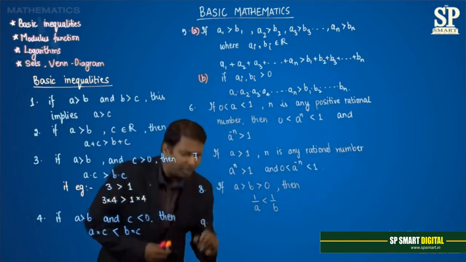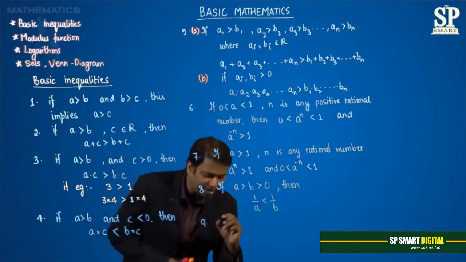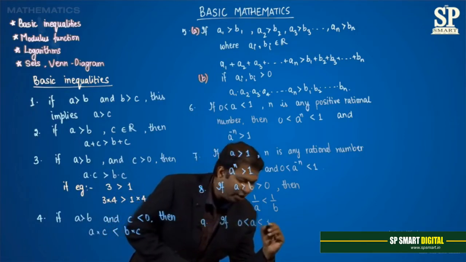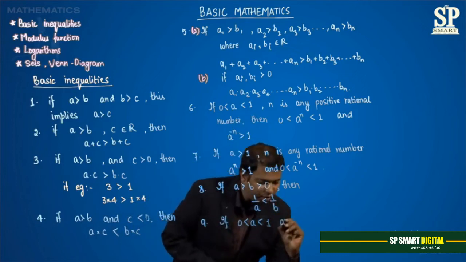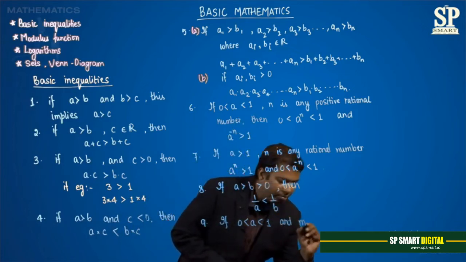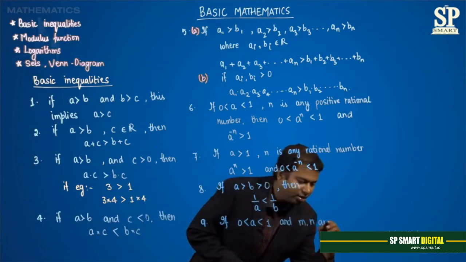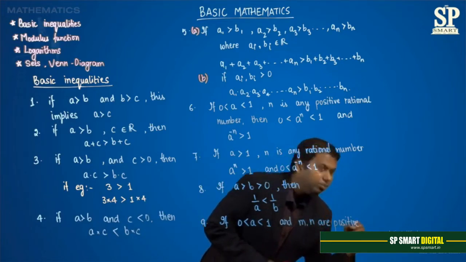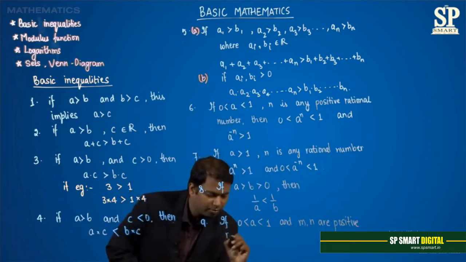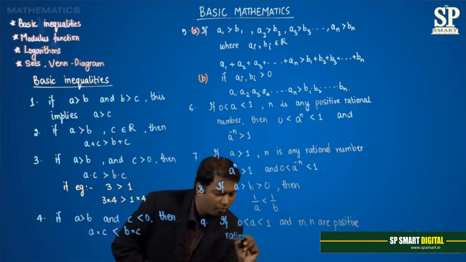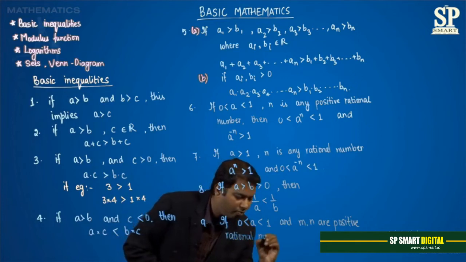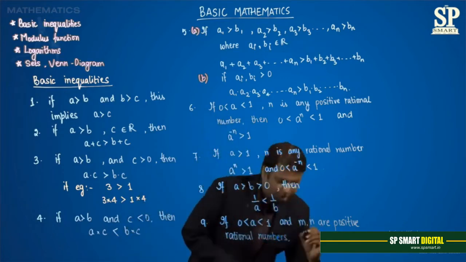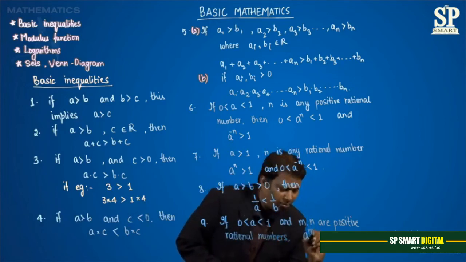Moving on to the 9th inequality. In this, if 0 is less than a and a is less than 1, and m and n are positive rational numbers, then a to the power m.